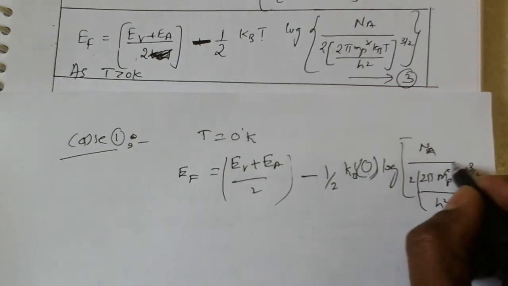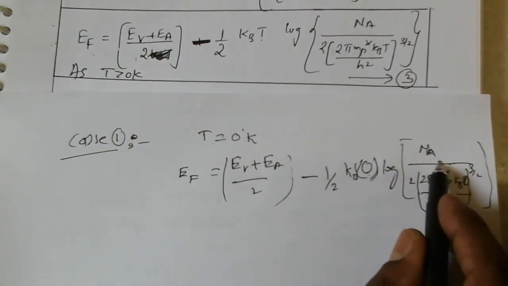T is equal to 0, so 0 into something is 0.